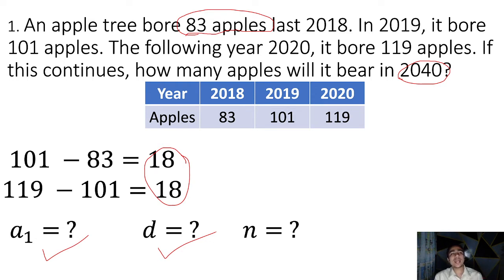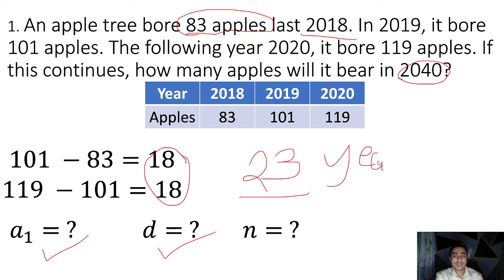So, kung ibibilangin natin 2018, 2019, 2020 hanggang umabot ng 2040, which will give us ilan? 23 years. Okay. Pag sinubtract ninyo, lalabas 22. Sir, 22 lang. Eh, syempre, kasama yung 2018. Yan yung pinakauna. Kaya, dadagdagan mo talaga ng isa. Kaya, ang ating N ay 23 years. Okay. So, meron tayong N.